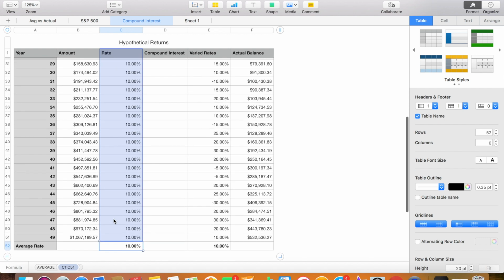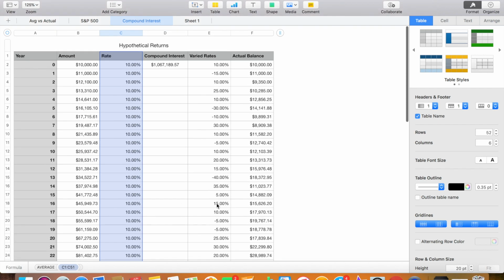However, you guys probably saw over here, but what I did here, these are not actual numbers. I just threw some numbers in there that could be similar to the stock market. Again, we're still starting with 10,000, but I varied the amounts. So for example, this is 10%, negative 15%, and it's just erratic, just like the stock market is.